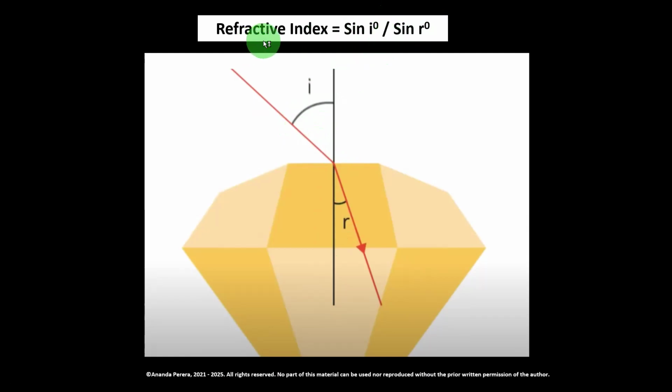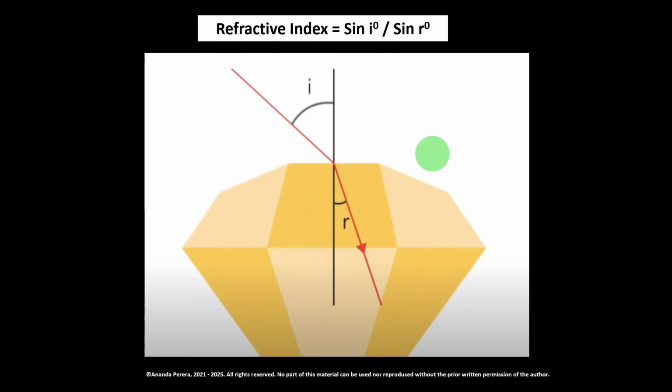It is a unique value for the medium. Here, the bending medium is a stone. So the stone's refractive index, take the first letters R and I, RI, means sine I divided by sine R. It gives some value, a unique value of the medium. So the medium here is corundum or gemstone. So the gemstone's RI is checked like this.